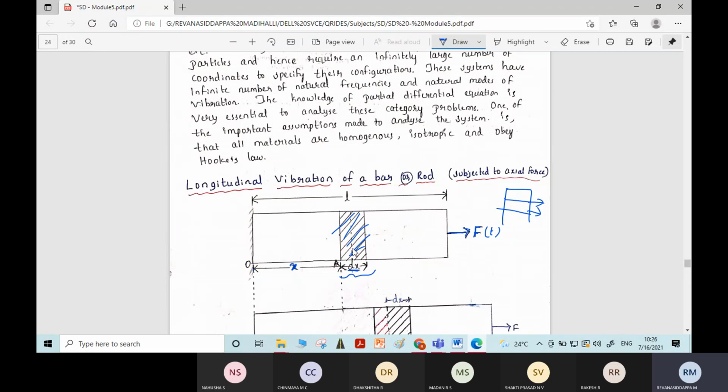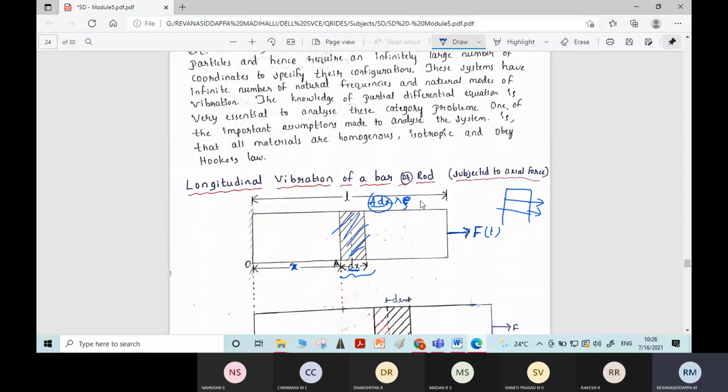First you find the volume of this portion. Volume is nothing but cross sectional area multiplied by length. If you assume the cross sectional area as A, the length of this elemental strip is dx. By multiplying cross sectional area and length, you will get the volume. This volume multiplied by density will give the self weight, or mass, of the elemental strip.